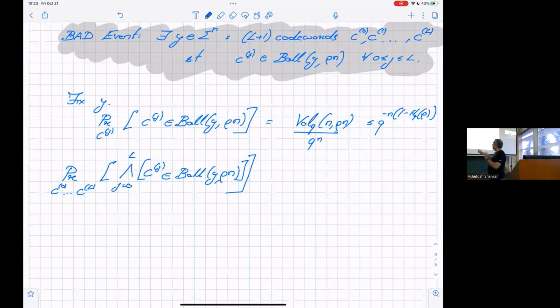And because of the way we are choosing them, these are all independent. So this is less than or equal to q to the power minus n times (L plus 1) times (1 minus H_q(rho)).